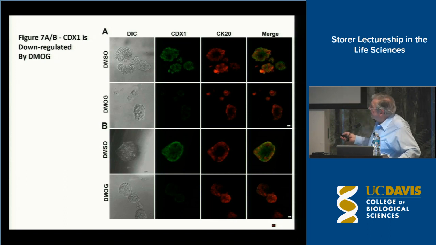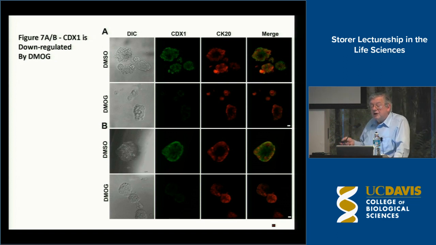And there's a well-known inhibitor of these prolyl hydroxylases, and you can use that as a surrogate for hypoxia, which is very convenient. So if you grow the cell lines in Matrigel, in the presence of DMOG, then what happens is you completely block the expression of CDX1. DMOG blocks the expression of CDX1, which is what you expect.